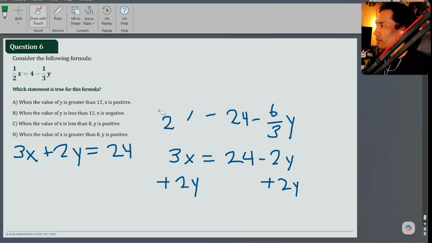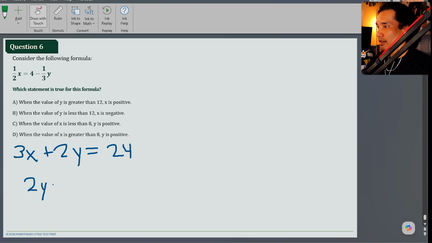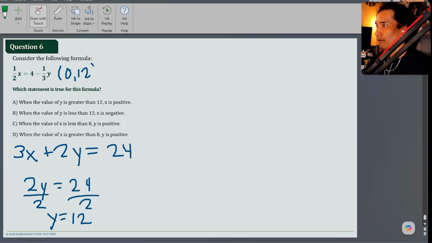All we're going to do is plug in 0 for x and y and find our intercepts. So, in this case, 2y is equal to 24, and then divide by 2, giving us y is equal to 12. Our first point is 0, 12.